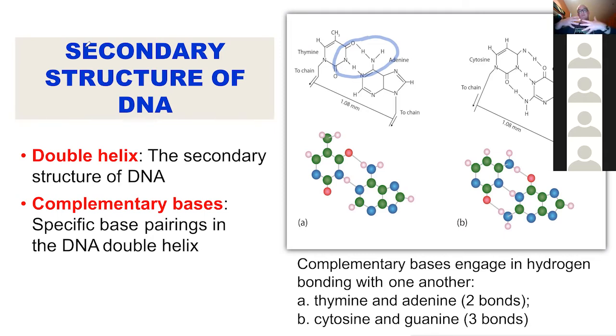to form hydrogen bonds. And so there's 2 hydrogen bonds between thymine and adenine, and you can see them here. So that carbonyl group is the hydrogen bond acceptor, and this amine is the hydrogen bond donor.